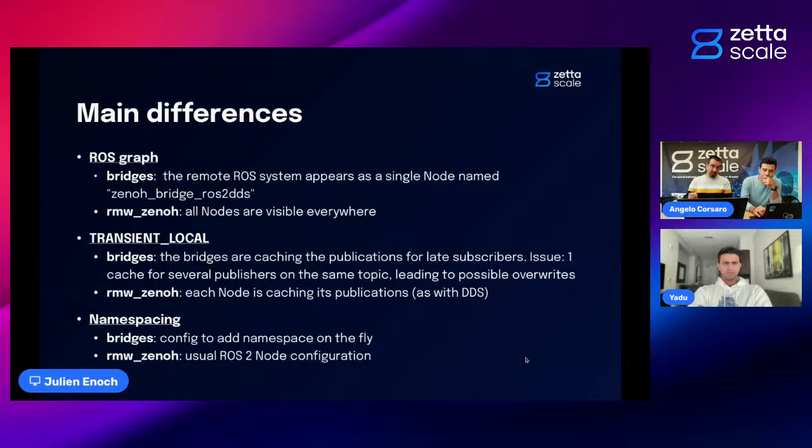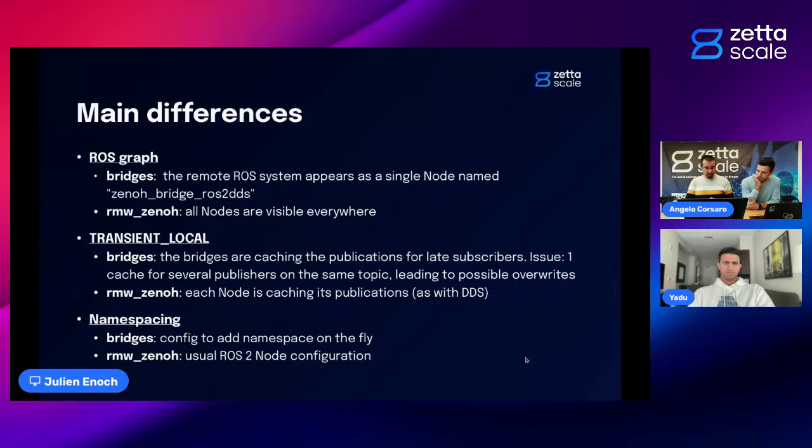The issue is that if you have several transient local publishers on the same topic, they all go to the same cache in the bridge, leading to possible overwrites between each other. With RMW Zenoh, there is no longer this problem. Each node caches its own publication, similarly to a DDS system.